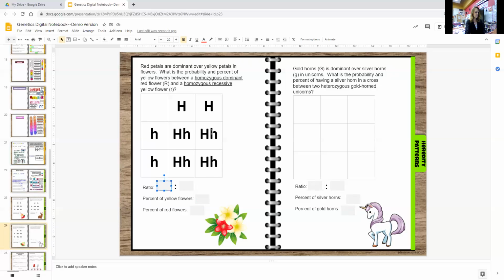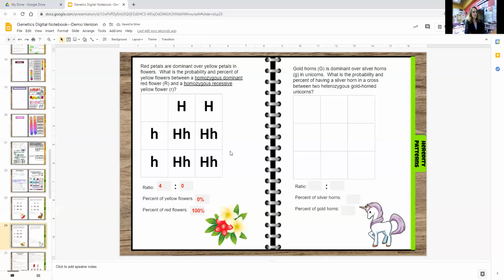Well, 1, 2, 3, 4 have a dominant allele, so that means I have 4 red flowers to 0 yellow flowers. So percent of yellow flowers is 0%. There is nothing in here that has a homozygous recessive gene. And there are 100% red flowers.